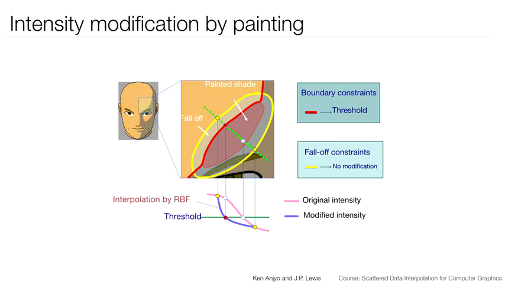We want to get this kind of new intensity distribution because the dark area's boundary is denoted by a red line. At that point, the intensity value should be the same as the threshold. So we want to make such a purple line as the modified intensity based on the paint stroke operation.